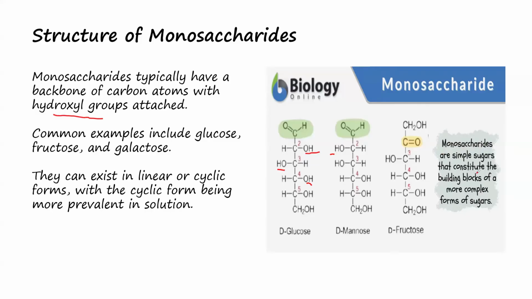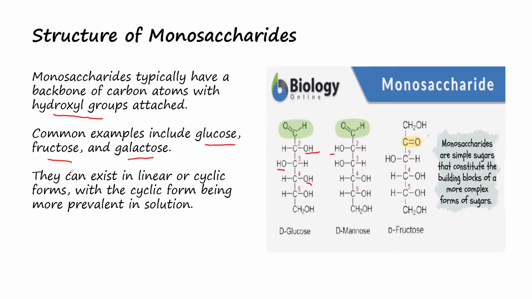It is these monosaccharides that join together to produce the complex forms of sugars in the case of polysaccharides. Common examples of monosaccharides include glucose, fructose, and galactose.